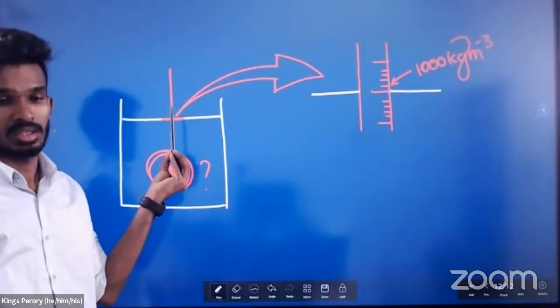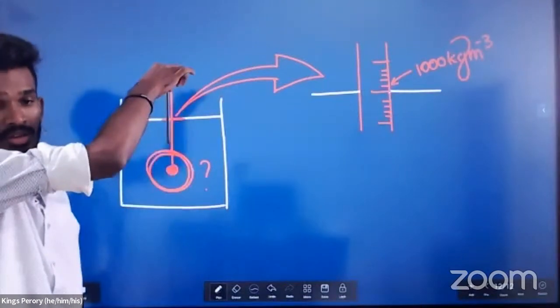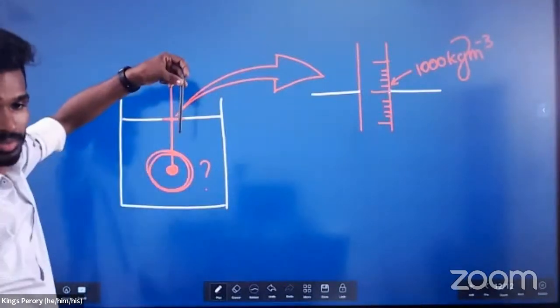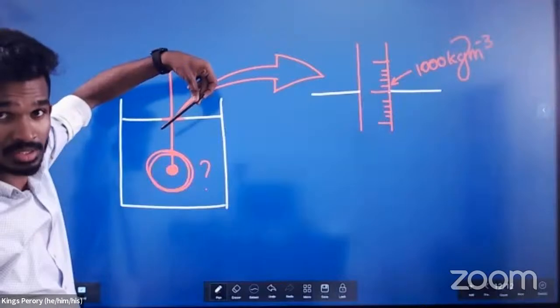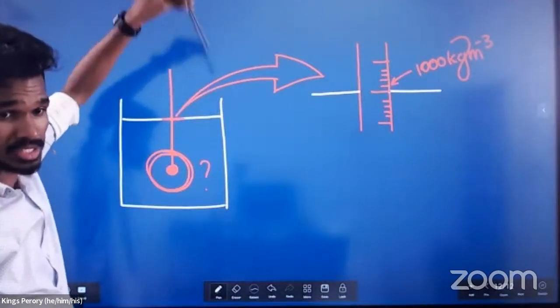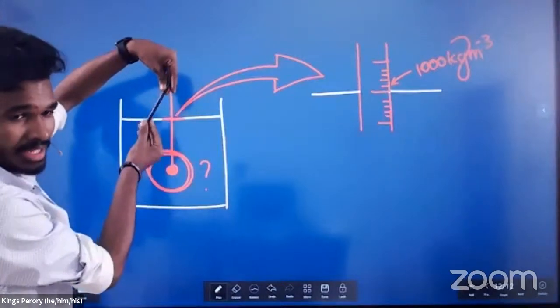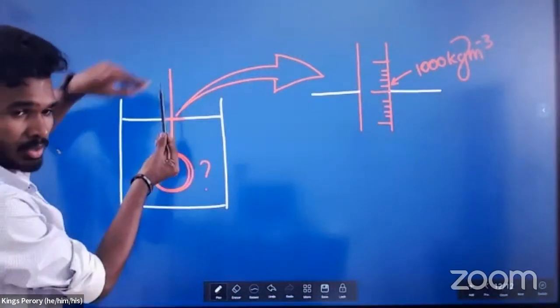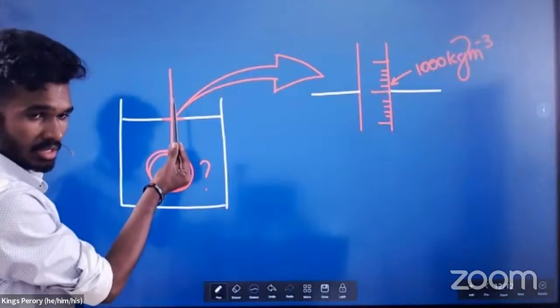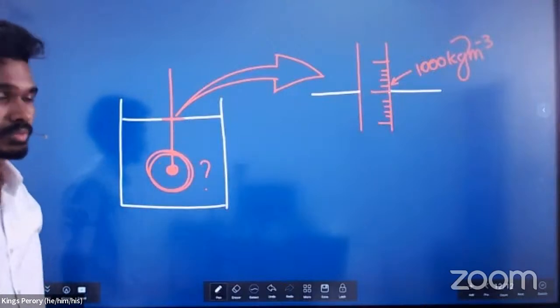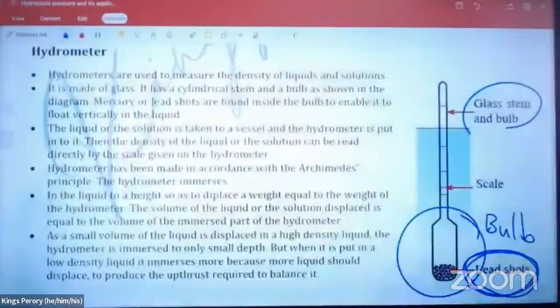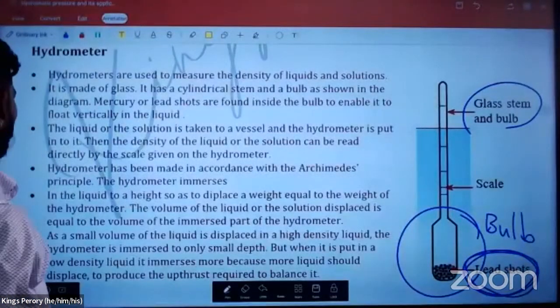Otherwise, if the bottom is not heavy, when you put it in the liquid, it will slant like this. If you take a pencil and put it in liquid, it will slant. You make the bottom slightly heavy and put it in the liquid now, it will float vertically. So make the bottom heavy for it to float vertically.